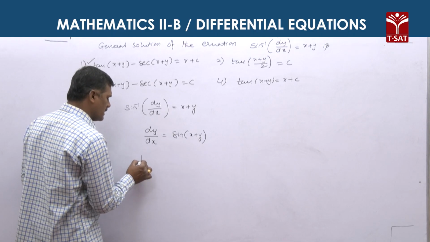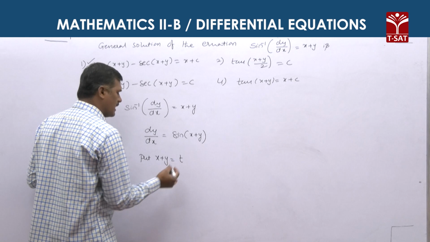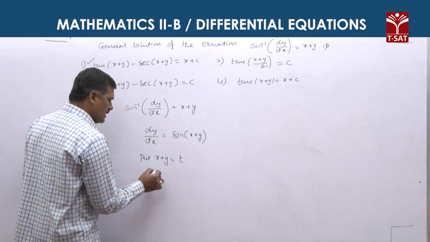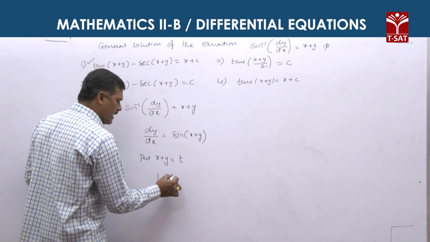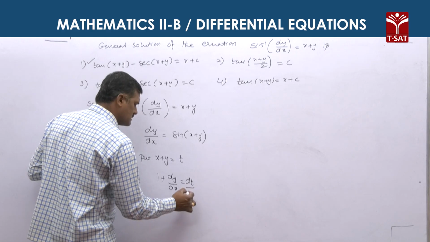That's why put x plus y is equal to t. Now differentiating with respect to x, derivative 1 plus y derivative dy by dx is equal to dt by dx.